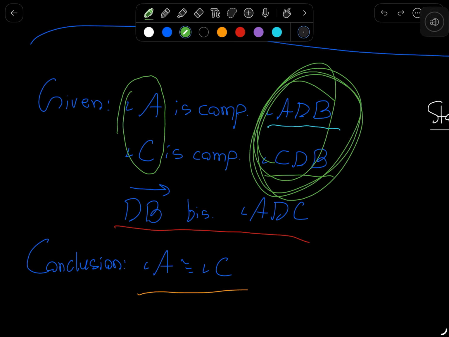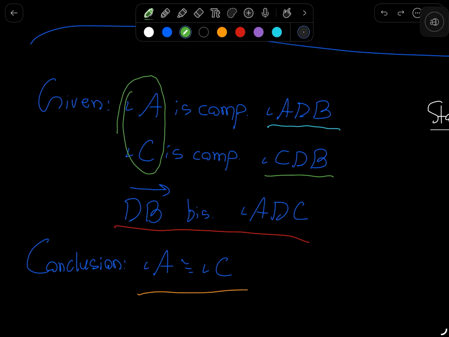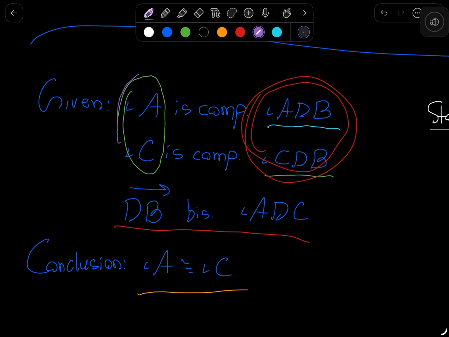They're being bisected by a ray. So because both of these are complementary to congruent angles, we can say that these two are also congruent. And that has to do with congruent supplements and complements. If you haven't watched that lesson, that's where this comes from.